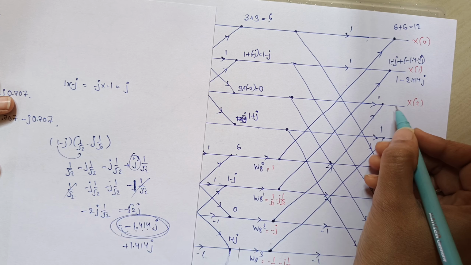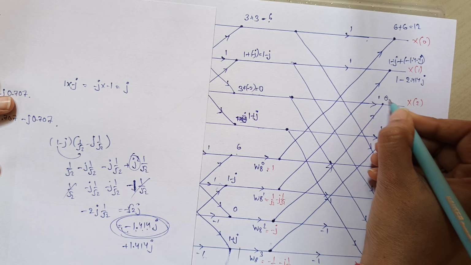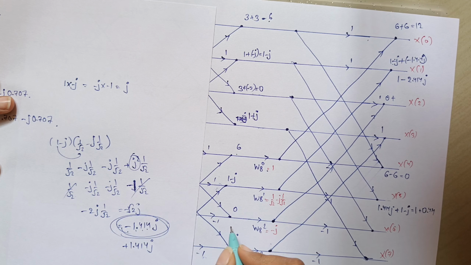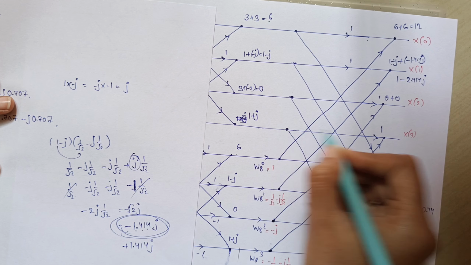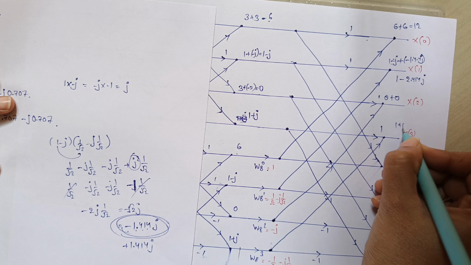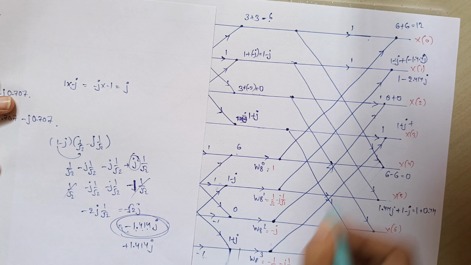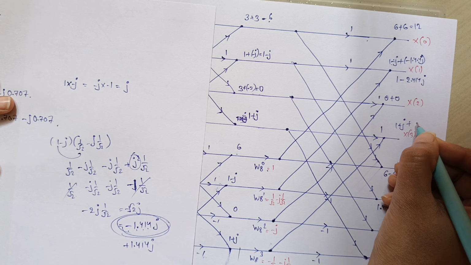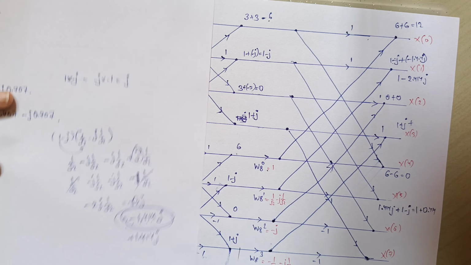In the same manner, let's calculate for this point. We have 0 multiplied with 1, we will get 0, plus on this bottom side we have 0 multiplied with anything will be 0, so we have 0. And on this line we have 1 plus j, and into 1 we will get 1 plus j, and plus from this bottom we will get 1 plus j into this thing. So what do you think we will get? Let's calculate that thing.